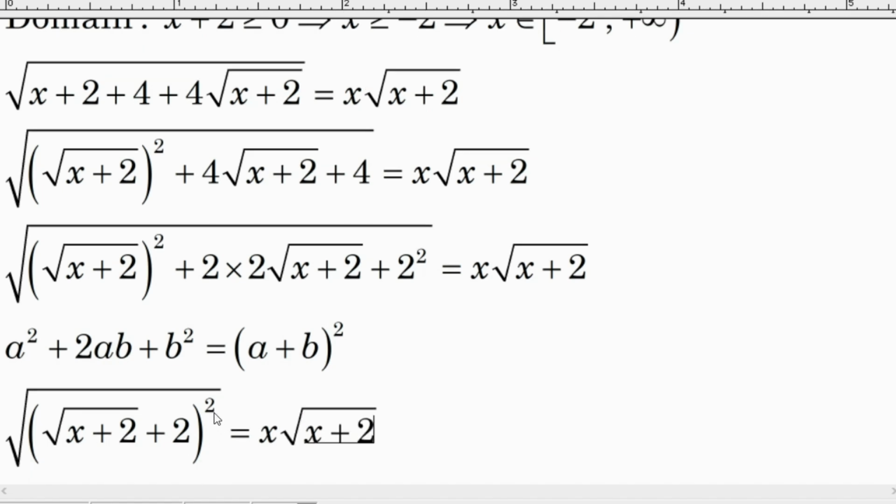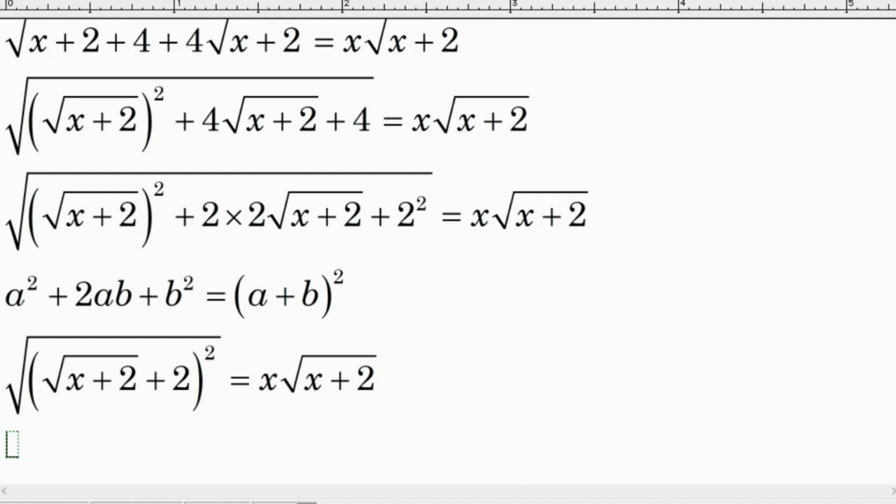Simplifying the square with the square root, we get square root of x plus 2 plus 2 equal to x square root of x plus 2. Now we have reached this point, and this point is quite tricky.